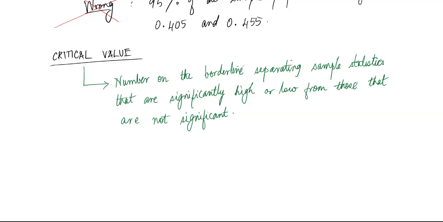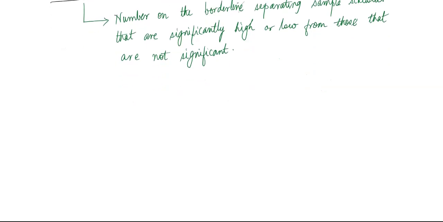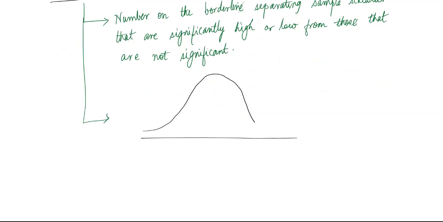But anything beyond two standard deviations, let me give you a quick diagram here. This is the mean, and this is mu minus 2 standard deviations, and this is mu plus 2 standard deviations.